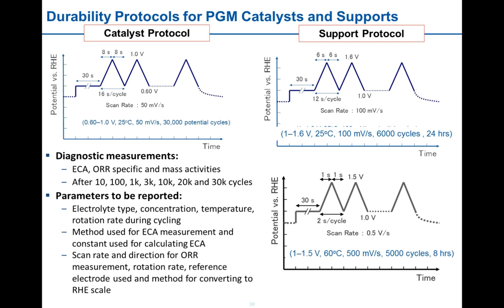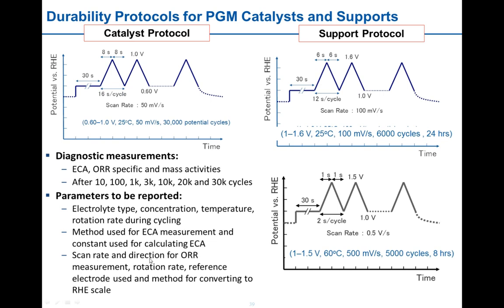And based on what I showed here today, the parameters that we recommend reporting are the type of electrolyte and its concentration, the temperature used, the rotation rate used during the cycling, the method that you use for the measurement of the electrochemically active surface area, whether it's hydrogen adsorption or CO stripping, and also the constant used for calculating ECA, which is typically 210 microamps per square centimeter for the hydrogen adsorption region, but sometimes there's variation in that number that's reported.